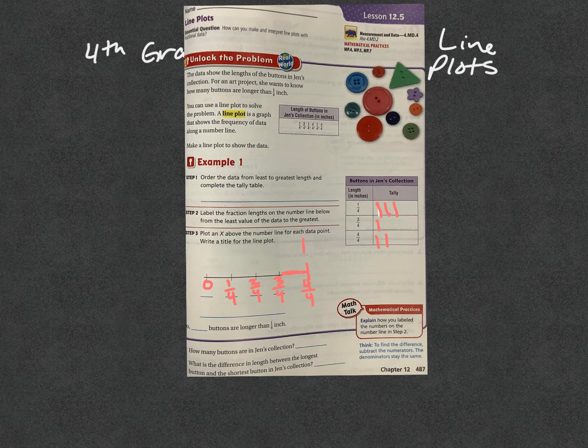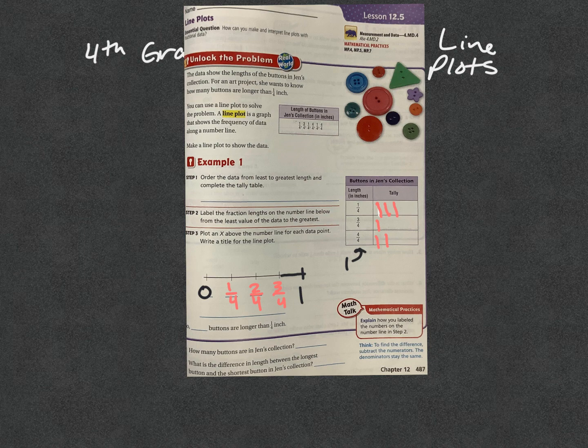I wanted to see 0 on the line because I'm still trying to train your brains to recognize that these fractions fall between 0 and 1. They're in-betweener numbers. There's my number line, 0 and 1, and in the in-betweeners, 1/4, 2/4, 3/4, and of course you know that 4/4 is 1 whole.